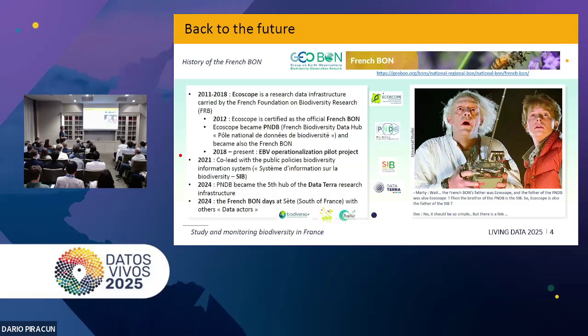Since 2018, we are developing this EBV operation pilot, notably creating EBV workflows with Galaxy technology. And since recently, 2021, research to federate research organizations and public policy around this French BON.